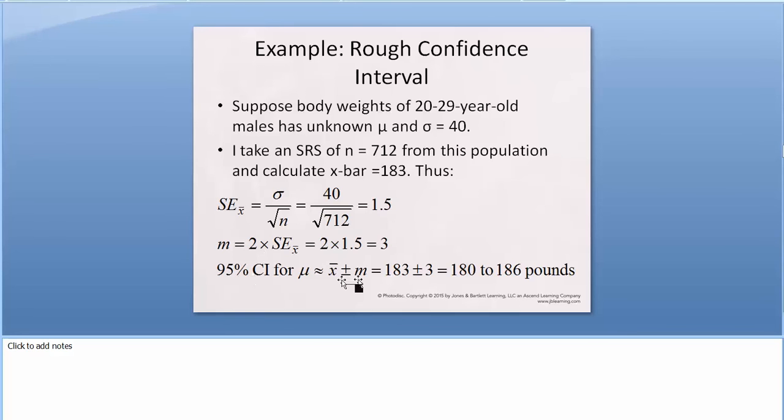So you can say with 95% confidence that the body weights of 20 to 29-year-olds will be between 180 to 186. That's pretty much what this confidence interval does. It gives you a nice range where the unknown mu will be lying with a certain amount of assurance or confidence.